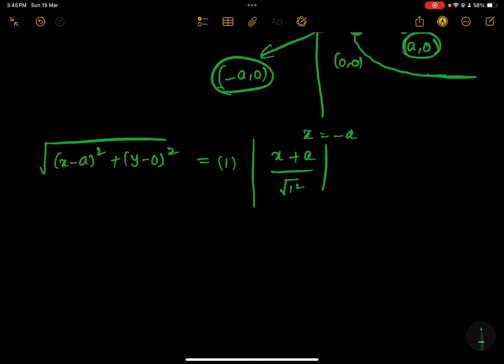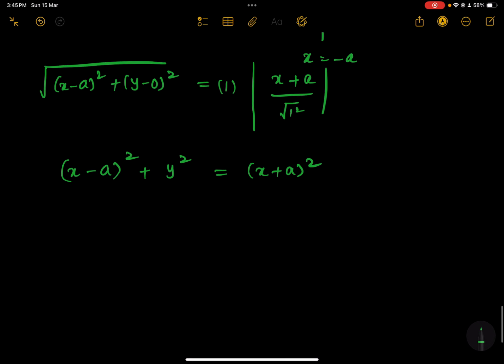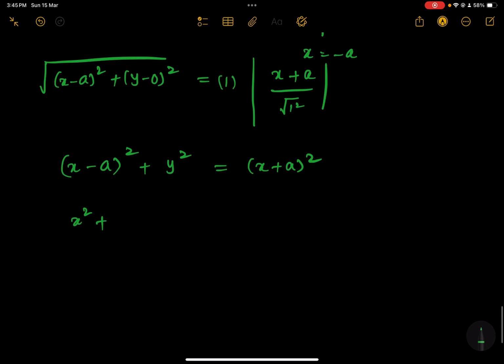Now square it on both sides. Then you will get (x minus a) whole square plus y square is equal to simply (x plus a) whole square. Expand it. x square plus a square minus 2ax plus y square is equal to x square plus a square plus 2ax. These terms will get cancelled.